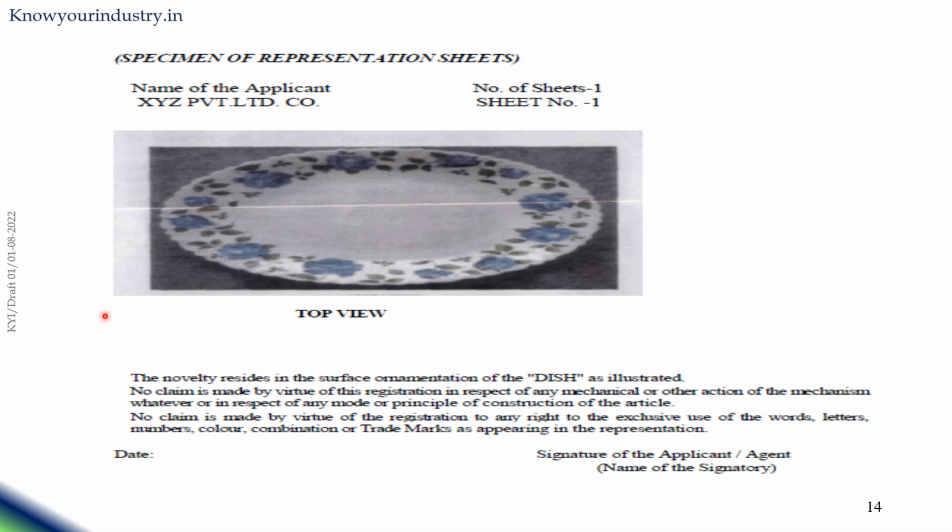The photograph shows the design of an article for which we are seeking a legal protection under Design Act. This is the top view. And right corner bottom portion shows the signature of the applicant or agent. Name of the signatory should be mentioned. And left bottom corner shows the date on which the representation sheet is going to be filed.